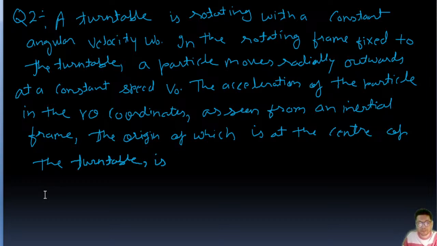Options are: option A is minus r omega naught square r cap.